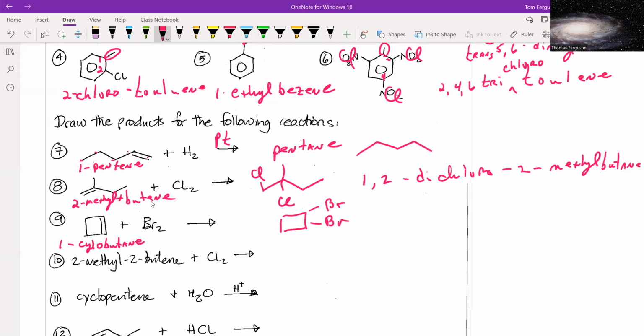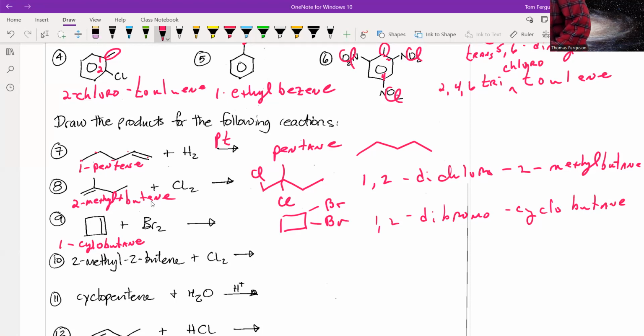That's going to add across the double bond. So it's going to be 1, 2 dibromo cyclobutane.